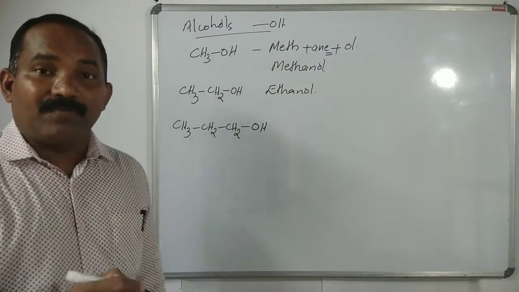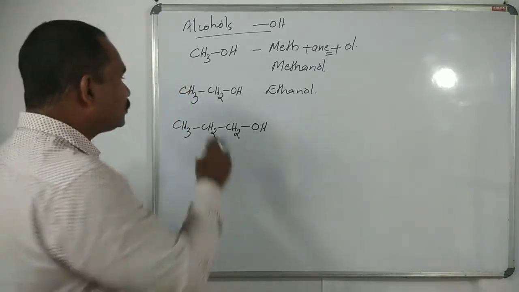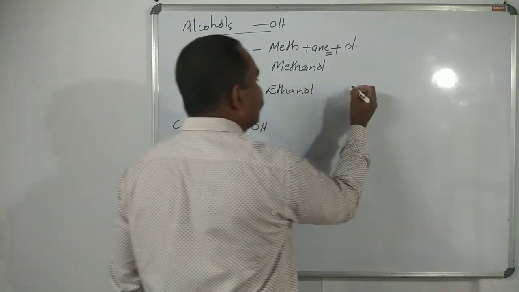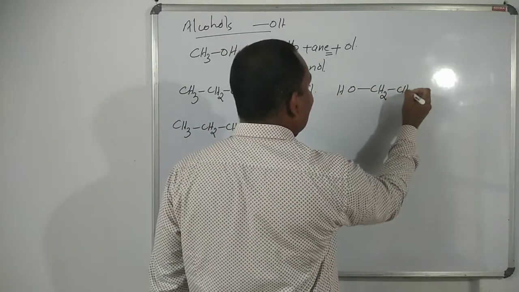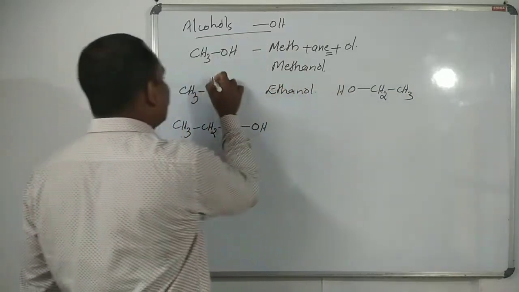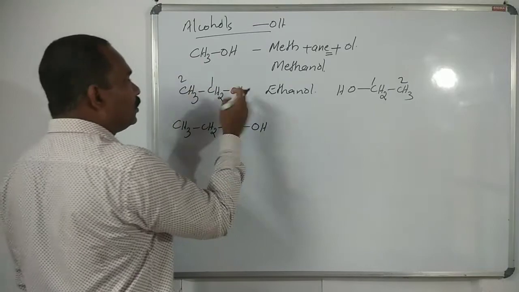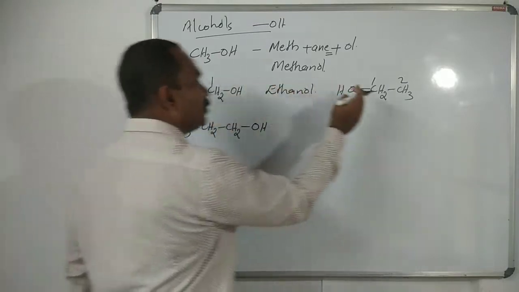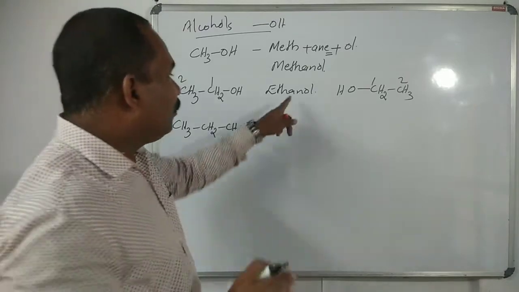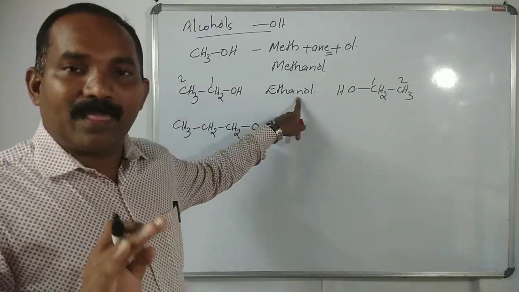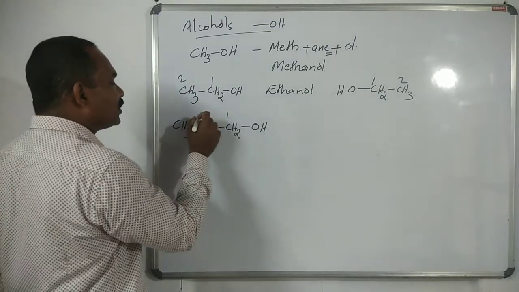From here we mention the position, because in the two carbon case, if the OH group is present on the left-hand carbon atom, it is 1, or on the other carbon, it is 2. The position is similar. That's why we didn't mention the position. But when three carbon atoms come, we mention the position.